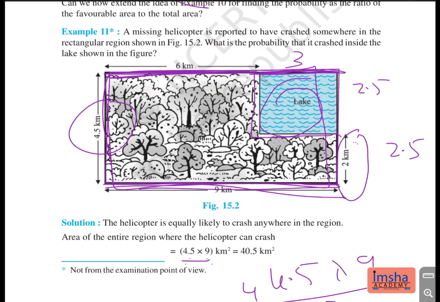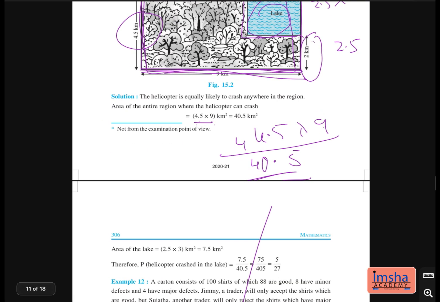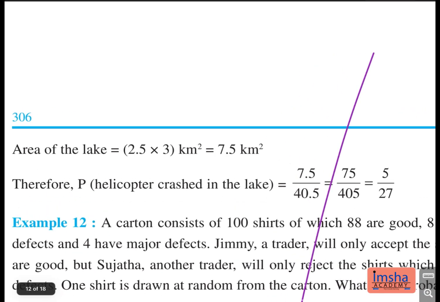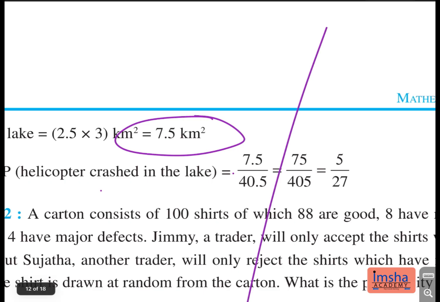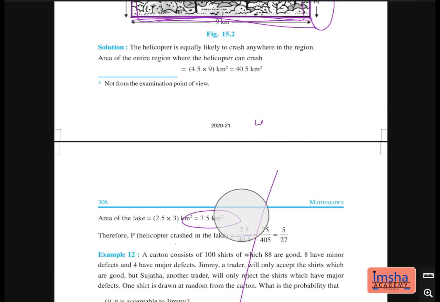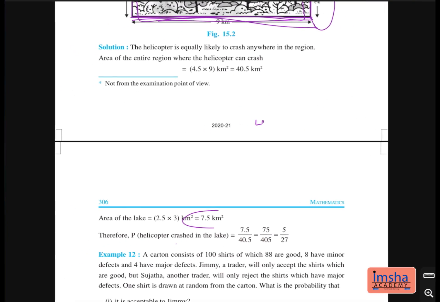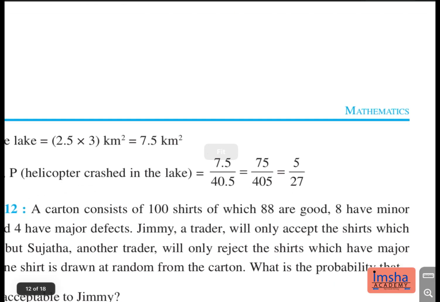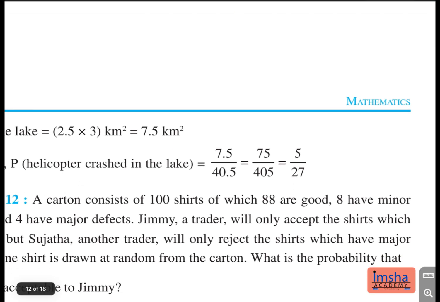So this remaining part is 3. 2.5 into 3, that is 7.5 kilometer square. Therefore, the probability of the helicopter crashing in the lake is 7.5 divided by 40.5, because the whole area is 40.5 kilometer square.